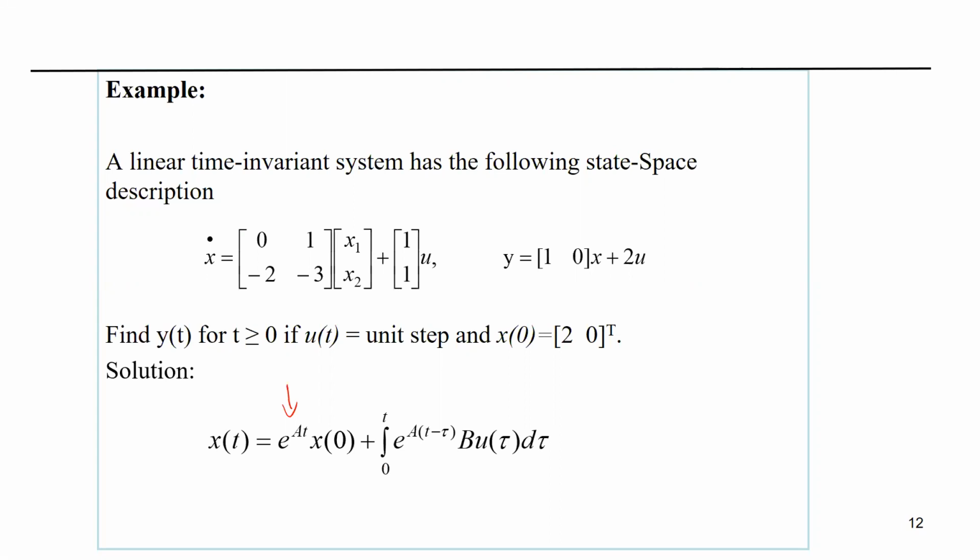Now, let me start finding e to the At. This is the system. So how do I find e to the At? We said e to the At equals the Laplace inverse of (sI minus A) inverse.